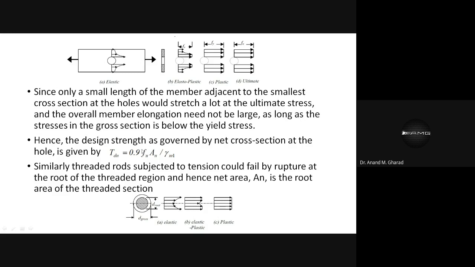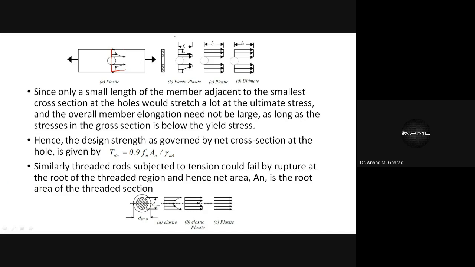There is one reduction factor in the form of 0.9, and this 0.9 has been introduced based on the experimentation which were carried out on several plates and under several conditions. So this reduction factor speaks about only this area, to be very specific.